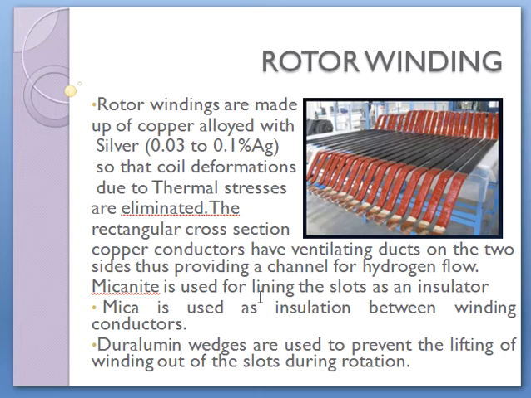Micanite is used for lining the slots as an insulator. Mica is also used as an insulation between the windings of the conductors. Duralumin wedges are used to prevent the lifting of the winding out of the slots during rotation.